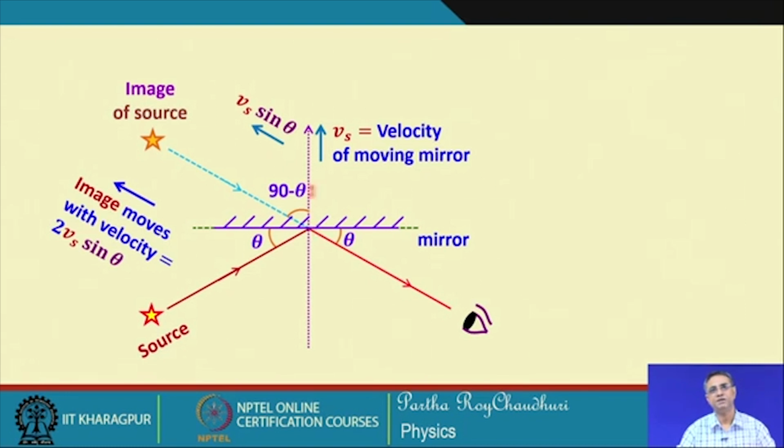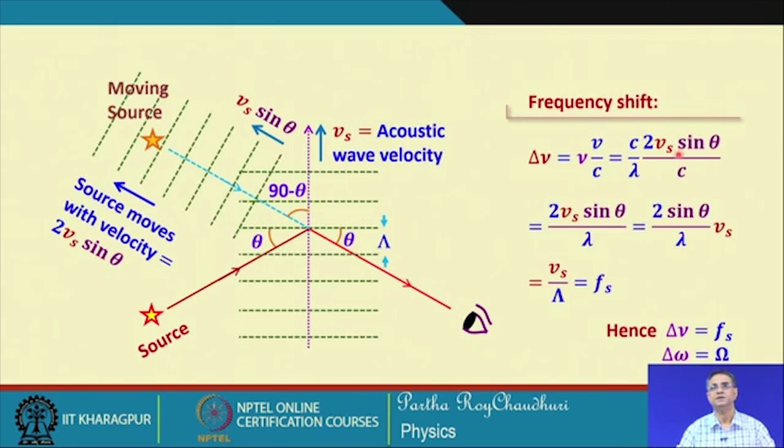Because this mirror is moving with a velocity V s, as if in this direction the mirror is moving with a velocity of twice V s sin theta, and the effect of this moving source, in terms of the velocity twice V s sin theta, gives us this condition, that is twice V s sin theta by c.